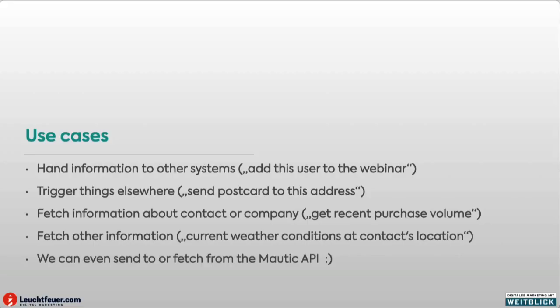You could retrieve information, like, okay, I now know the email and I want to get something from the shop system, or I want to get some contact information, maybe even on the company of the contact. And the funny thing is, we can even trigger or talk to the Mautic API through this, and maybe do things that we could not do otherwise.